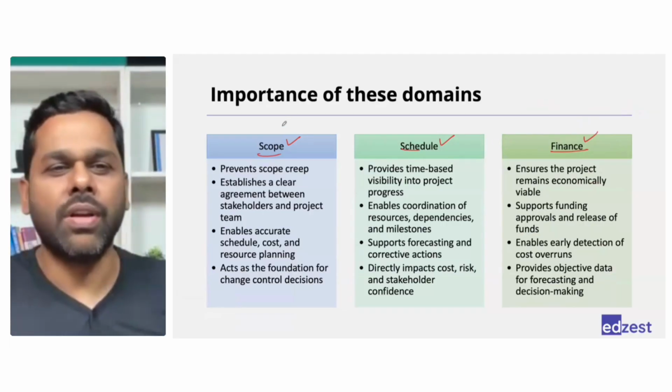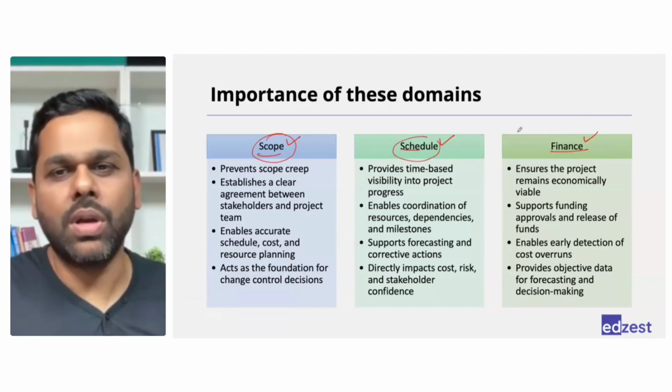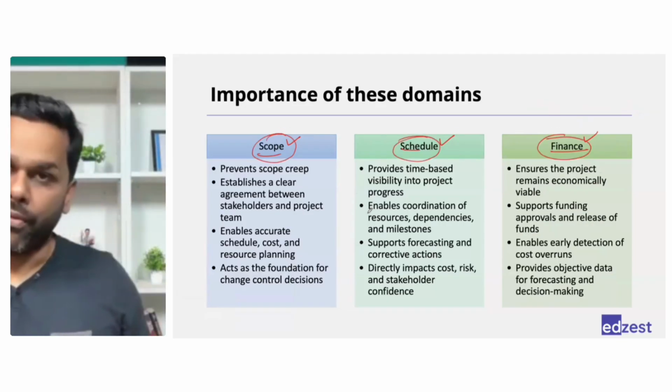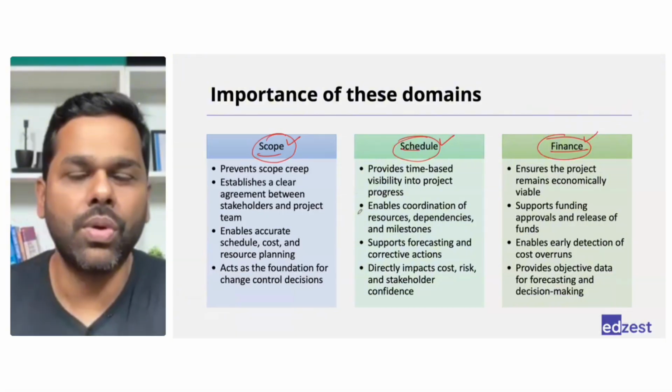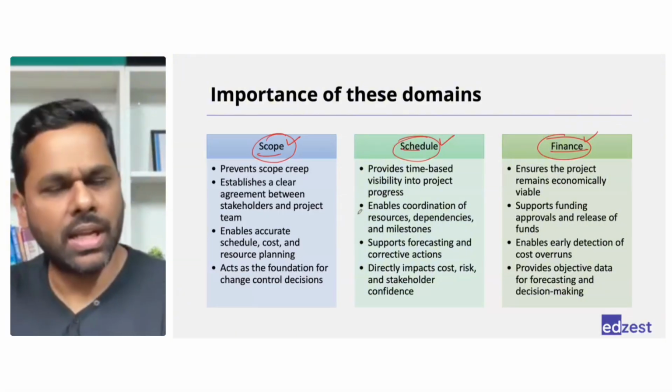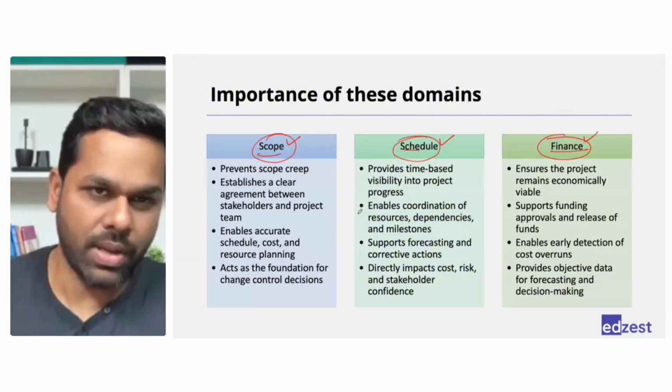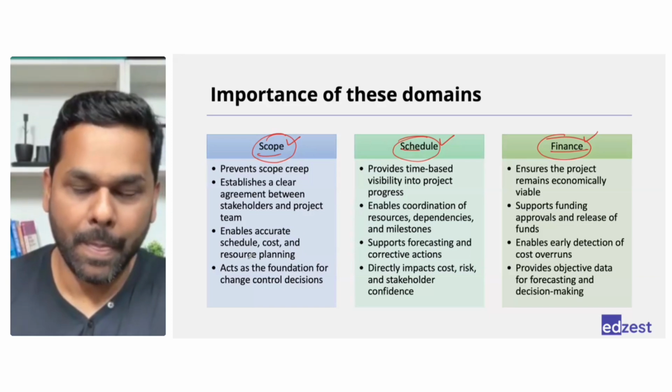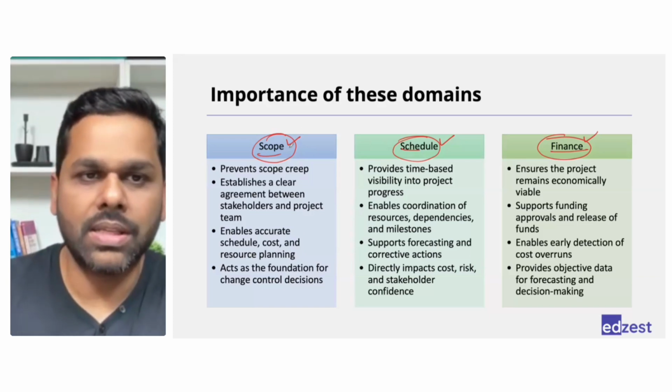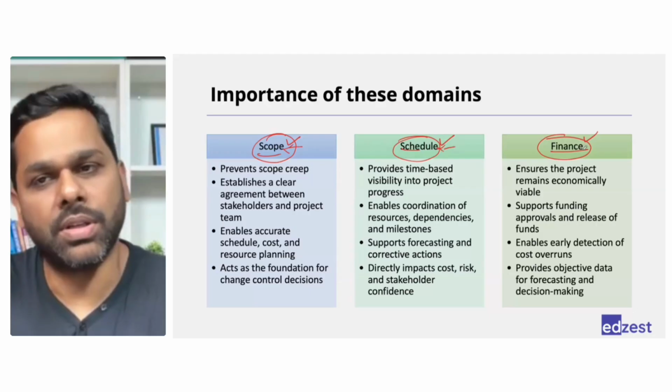That's the success of managing scope, schedule, and finance. Very, very important because it helps you build the confidence within the team and within the stakeholders as well. Right? That's why these performance domains are important.